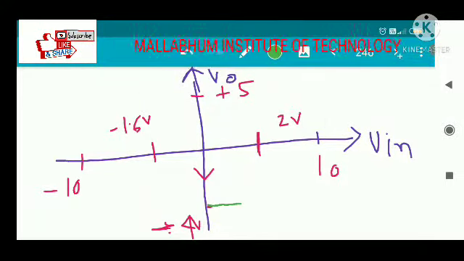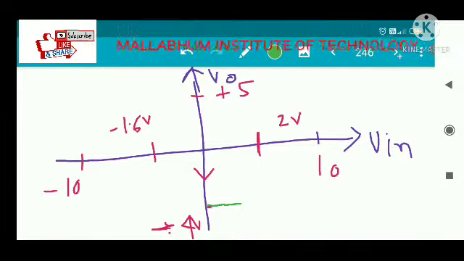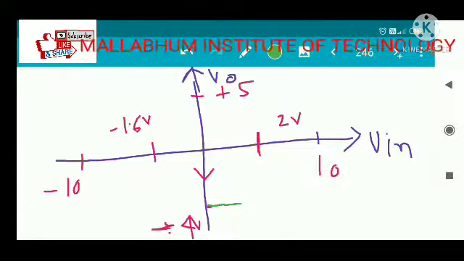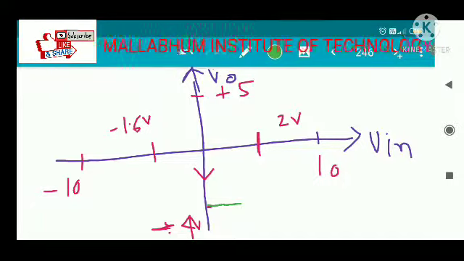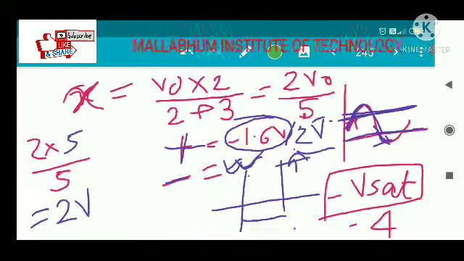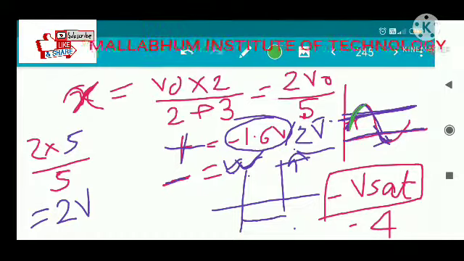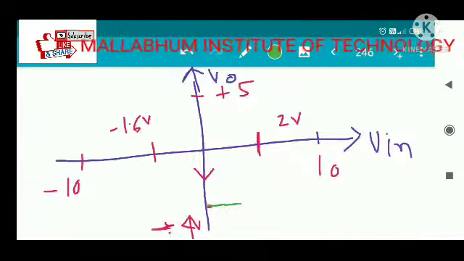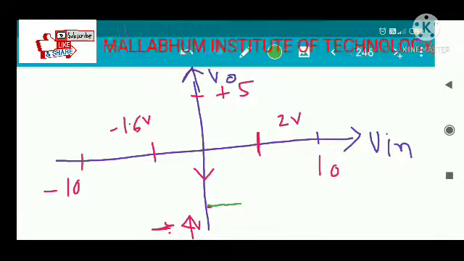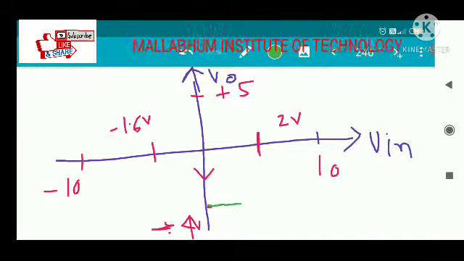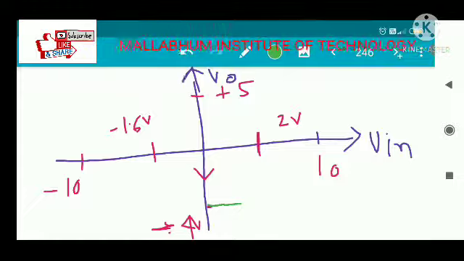Now the input is increasing, in the positive terminal and in the negative terminal also. Suppose the input increases, the output does not change until the input falls back to minus 1.6 volt. The output is not going to change.